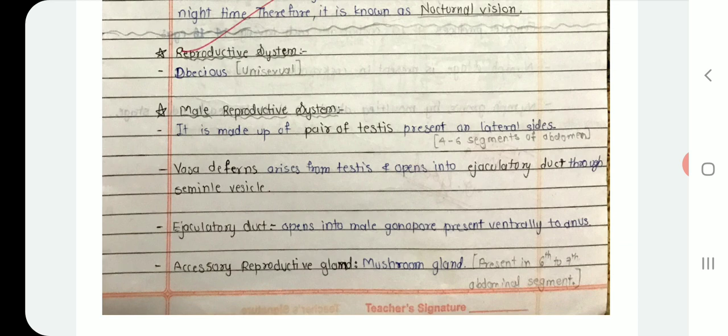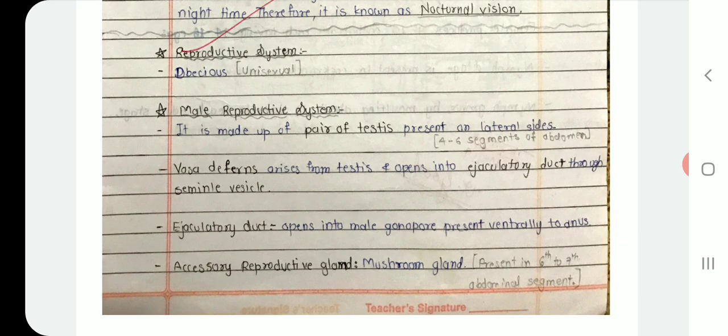This ejaculatory duct opens into the male gonopore, which is present ventrally to the anus. On the downward side of the anus, there is a pore like structure known as male gonopore, and the ejaculatory duct opens into that male gonopore, right?